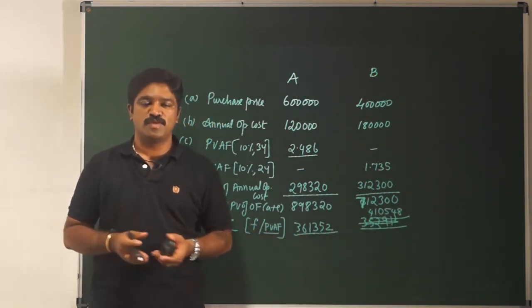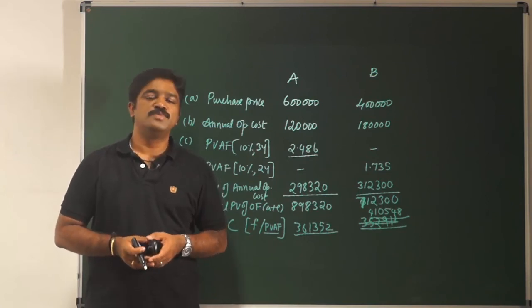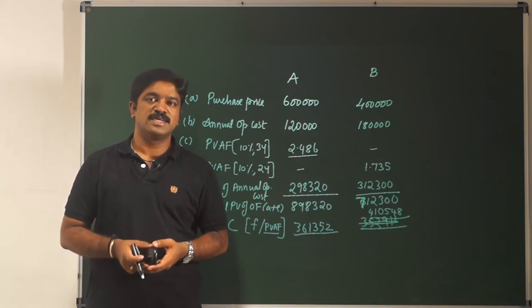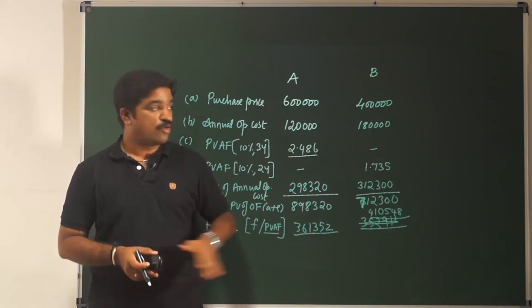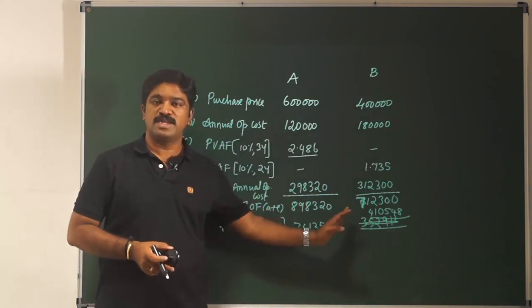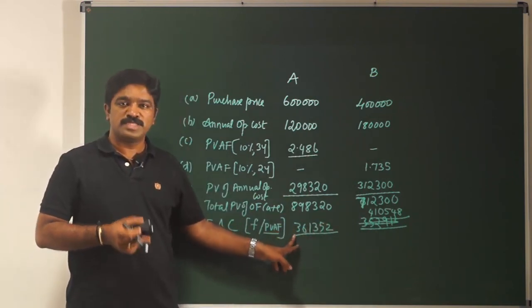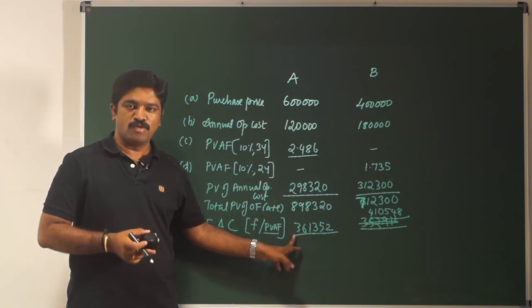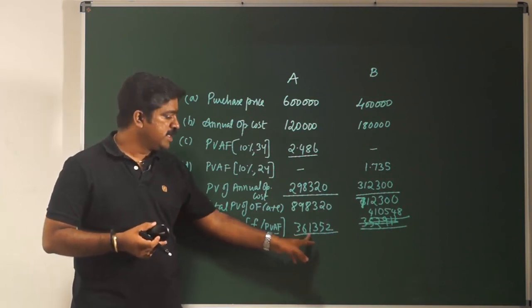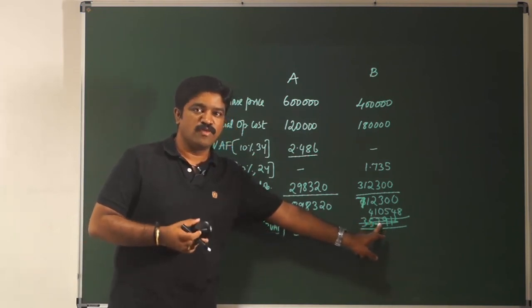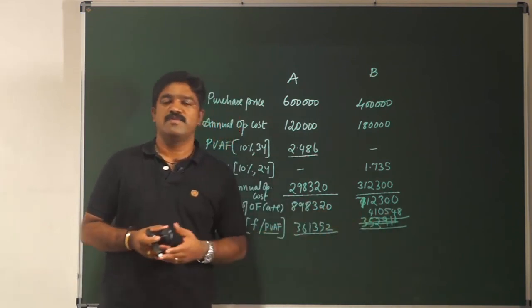Now you watch for yourself and take a decision. Which project should you select? Is it project A or B? So far B was very attractive because it had lower outflow. Now have a look at this. Project A has an annual outflow of 361,352, whereas project B has an annual outflow of 410,548.